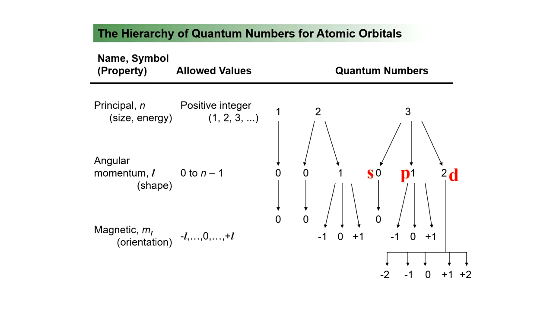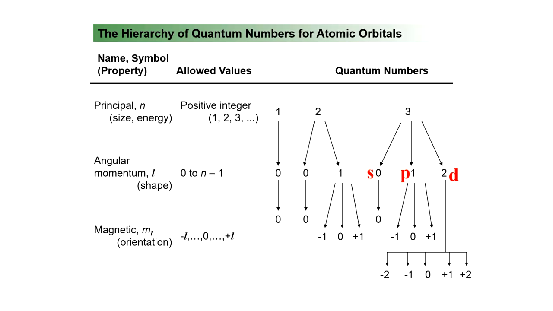The n value is the primary determinant of the size of the atomic orbital, that is how far the electron is from the atom, and that is the primary determiner of the energy of the orbital, or that energy level.